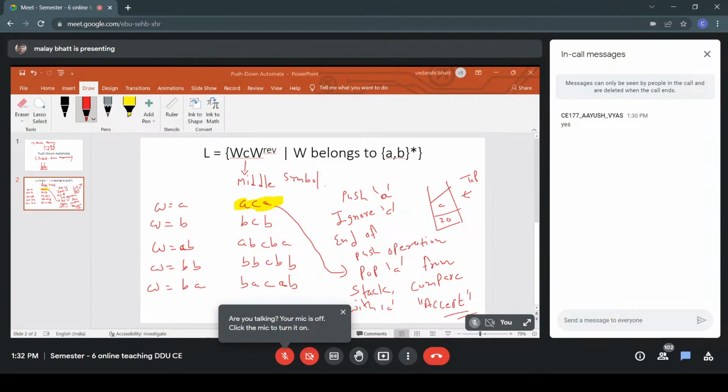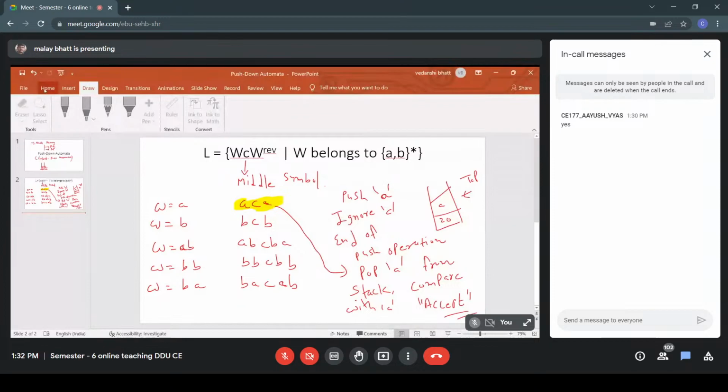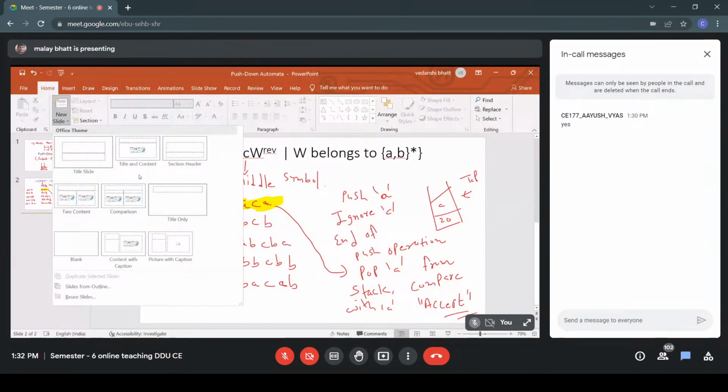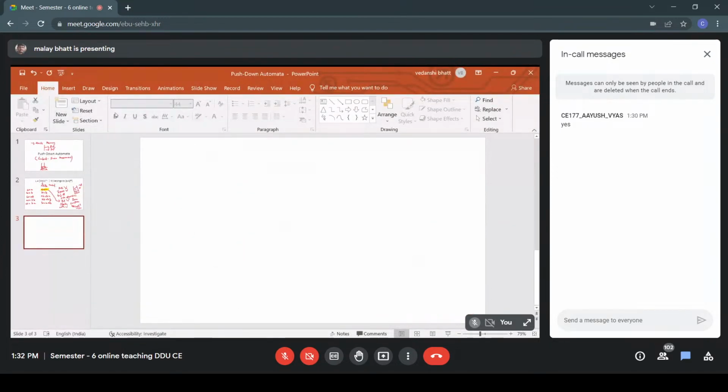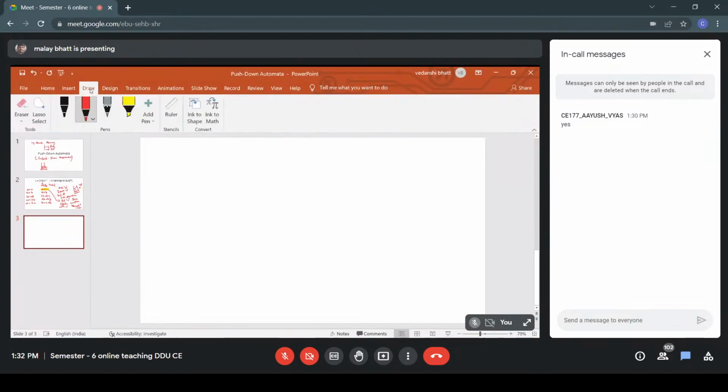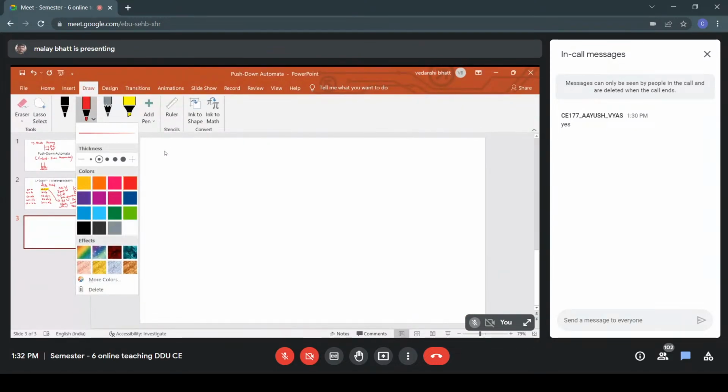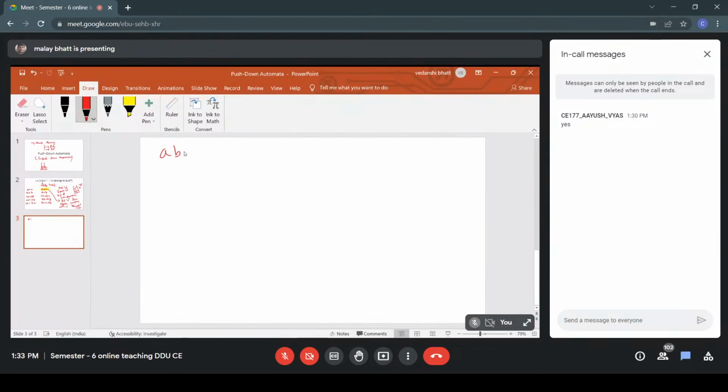Now let us take another example, ABBA, and the middle symbol here is C. So this is our actual pattern, A B C B A. What will be the first step?